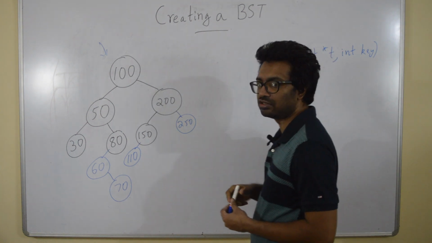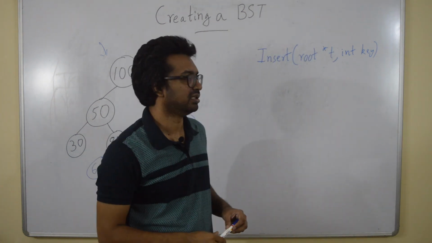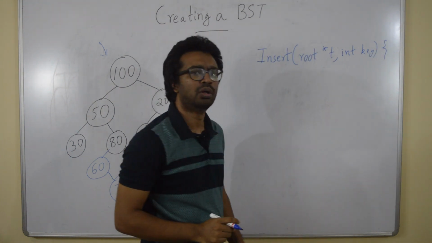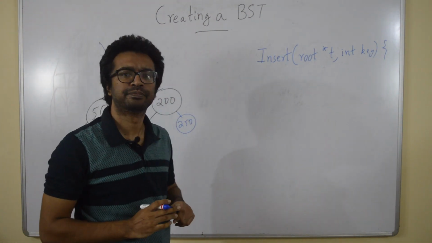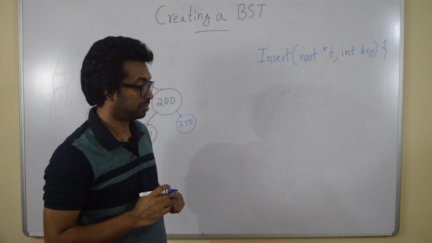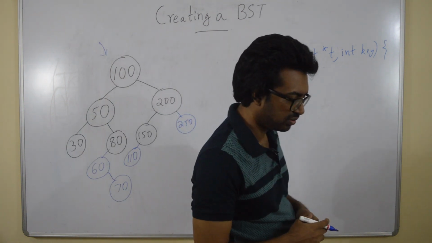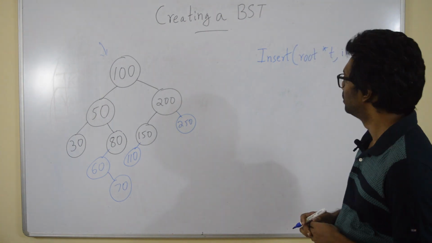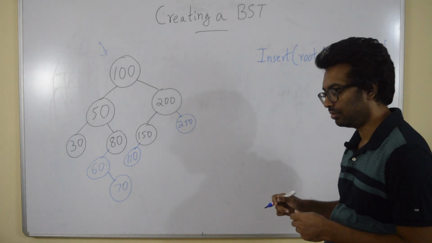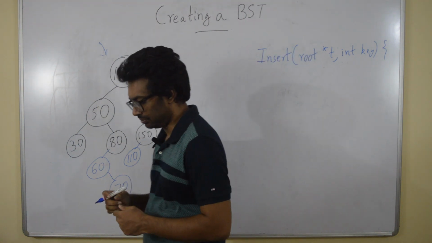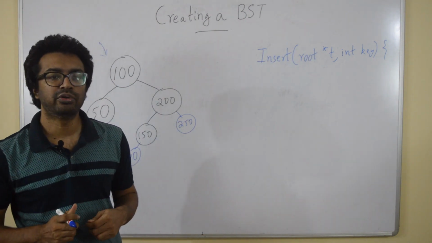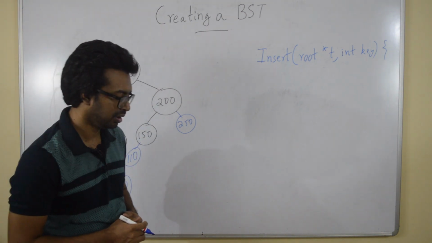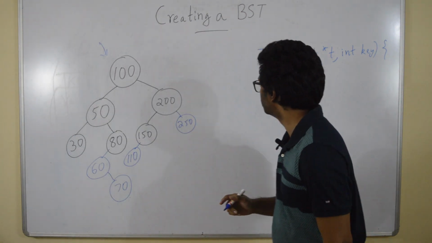So this key has to be inserted into this BST, and what happens here? The first thing to do is to check whether I have to turn left or right. So let's first do that check.